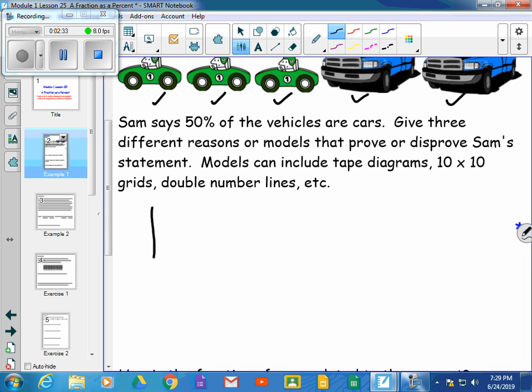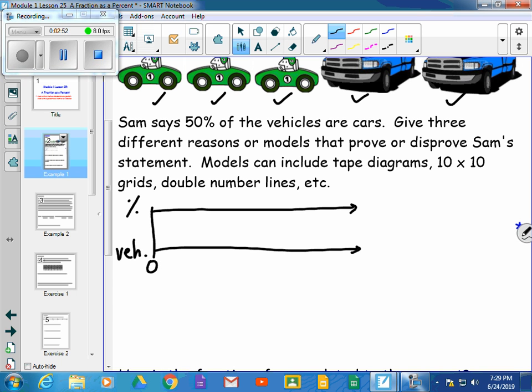How about a double number line? What if I show a double number line by going percent on the top, and this would be the number of vehicles, I'm going to abbreviate, on the bottom. 0 vehicles would match up with 0%. 100 vehicles, or 100%, would match up with 5 total vehicles.